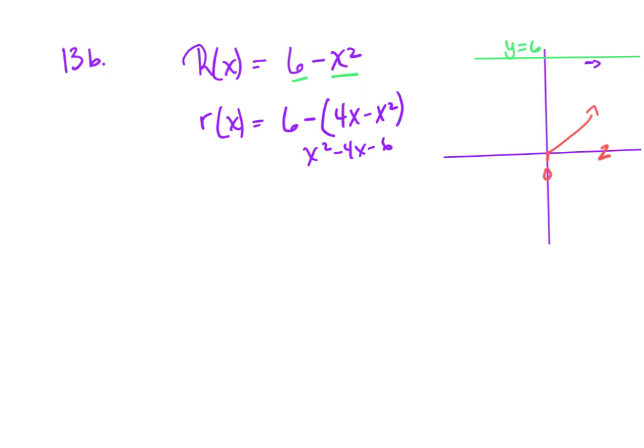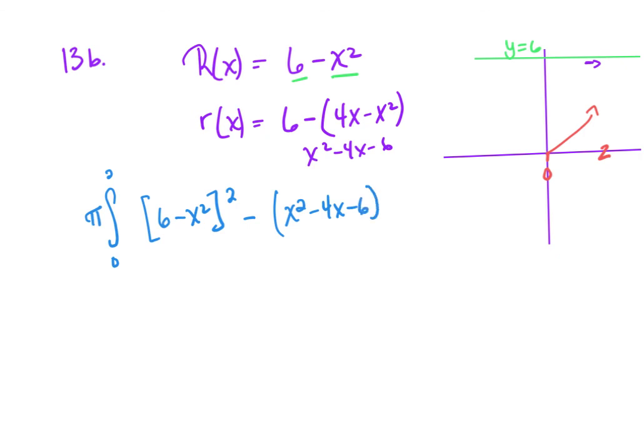And so to set this one up, we would still be going from 0 to 2 for pi. Our first function would be our outer radius, 6 minus x squared, squared. Our second function would be our inner radius, x squared minus 4x plus 6, squared, dx.